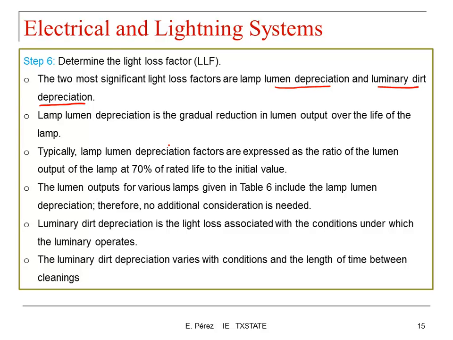Typically the lamp lumen depreciation factor is expressed as a ratio of the lumen output of the lamp at 70% of the rated life of the lamp. The lumen outputs for various lamps are given in table 6, and include the lamp lumen depreciation. Therefore, no additional consideration is needed.